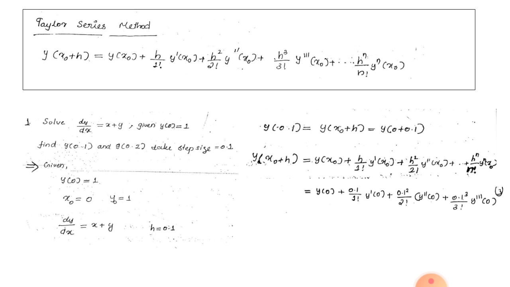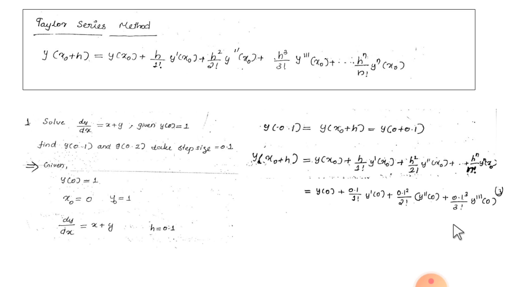So the Taylor series method equation is given here. y of x0 plus h equal to y of x0 plus h by 1 factorial into y dash of x0 plus h square by 2 factorial y double dash of x0 plus h cube by 3 factorial y triple dash of x0 plus etc. plus h raised to n by n factorial into y raised to n of x0. So here h is nothing but what? The step size. Okay.